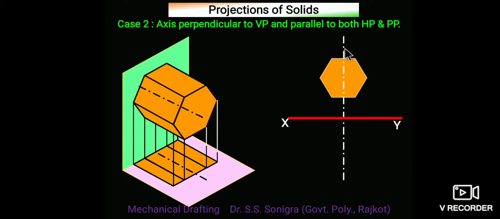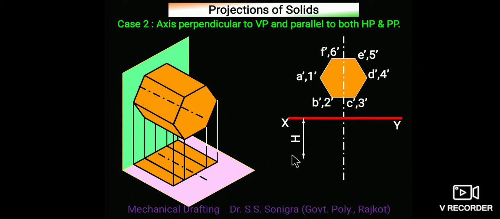Now draw its axis or center line. Name the points 1, 2, 3, 1 dash, 2 dash, 3 dash, 4 dash, 5 dash and 6 dash. Dash should be marked because it is the front view. Similarly, A dash to F dash.